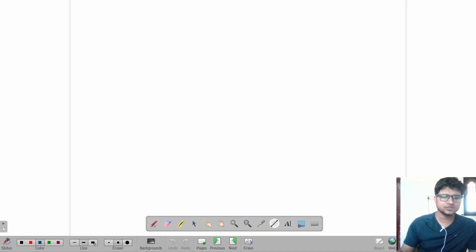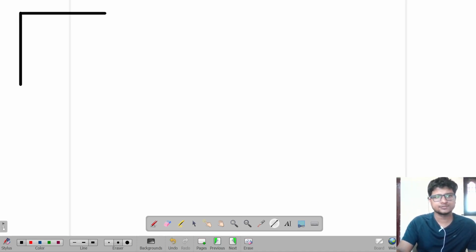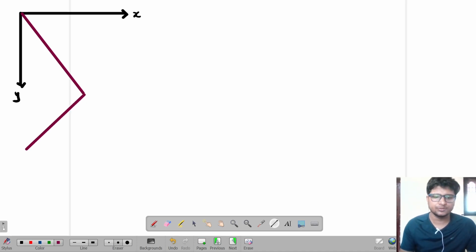Once again, let's suppose this is your y-axis and this is your x-axis. I create a rod of this shape. A rod is made like this. Got it? Means that the perpendicular rod is now hanging vertically like this.